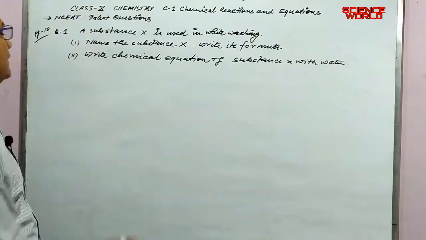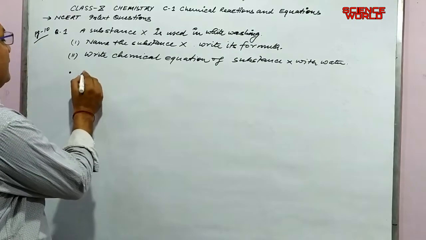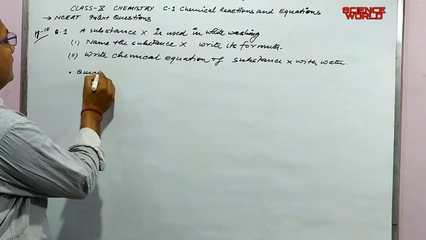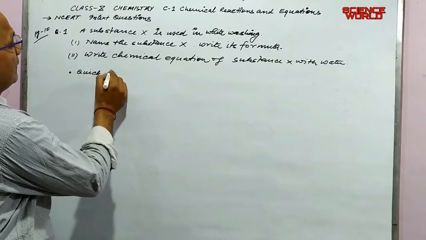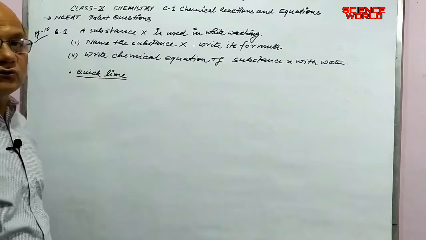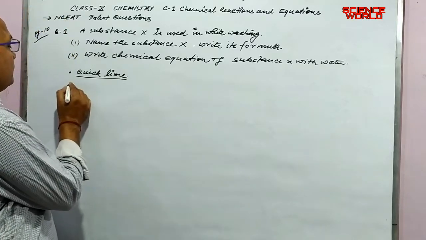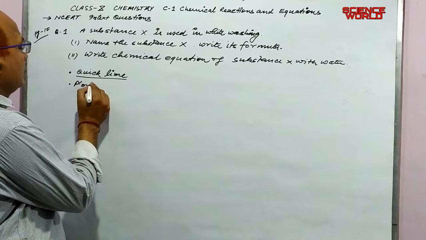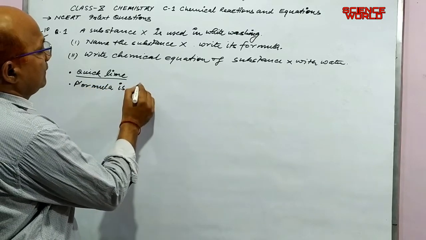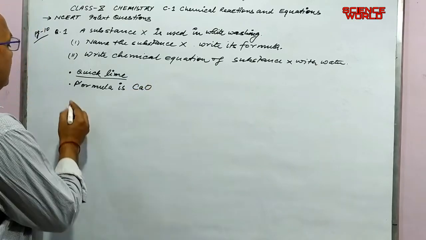Actually, this substance is quicklime. It is used in whitewashing and its formula is CaO, calcium oxide.